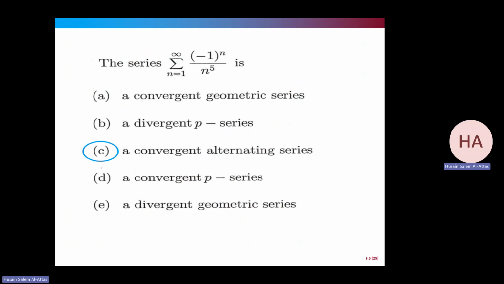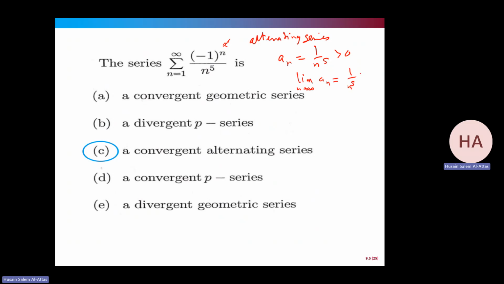The series is what? Very clear, it's an alternating series. Here a_n is 1 over n to the power 5. That's an alternating series. So what is the limit of a_n as n goes to infinity?